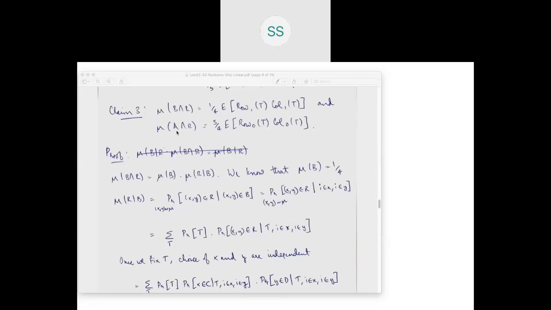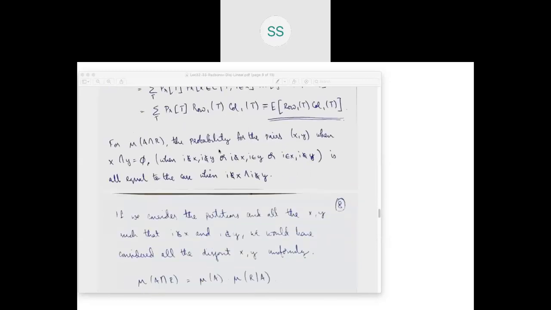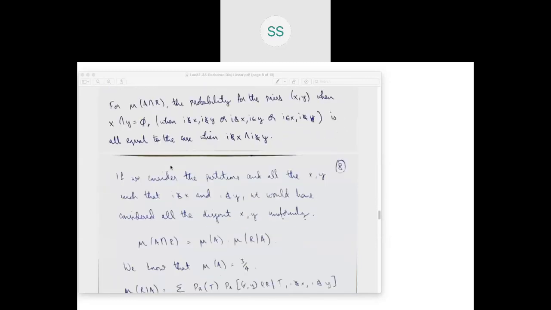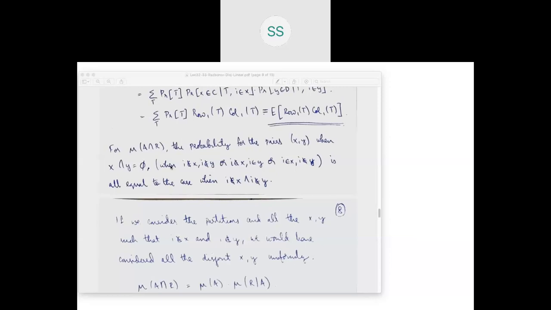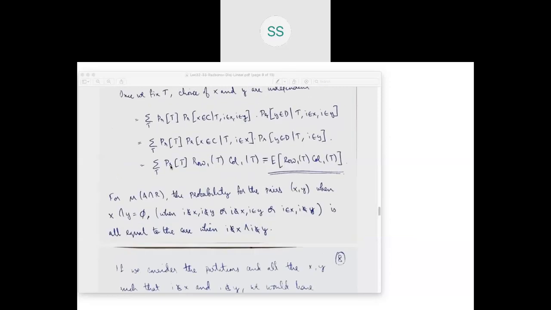The next part, mu of A intersection R, is very similar, but there is a small twist that needs to be understood. A intersection R, recall, is a set of one inputs, or a set of disjoint inputs.